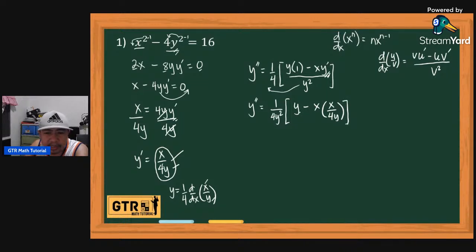So to make it simpler, we put y squared outside so that there will be no complex fraction. So next is simplify this. So we have y double prime is equal to 1 over 4y squared. So simplify. So we have y minus x times x.